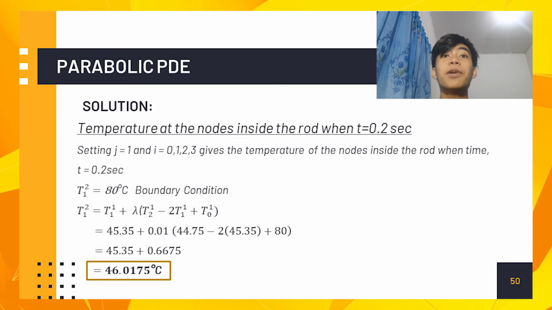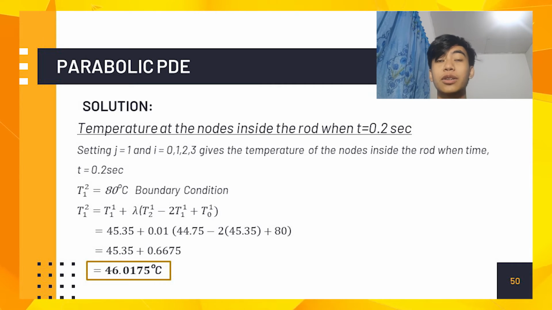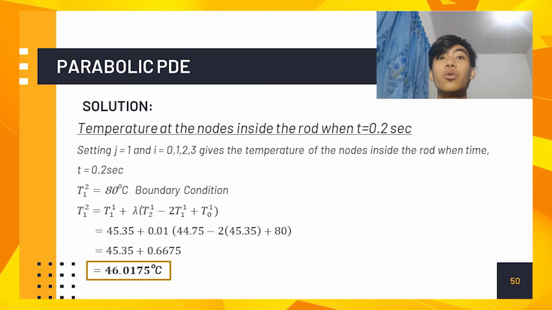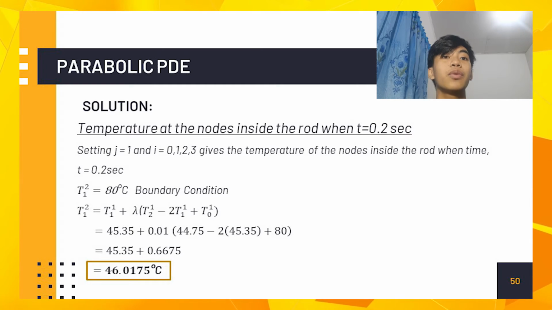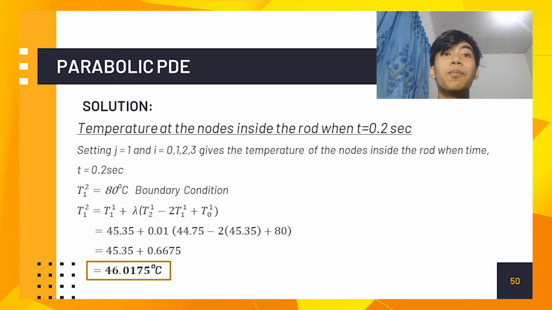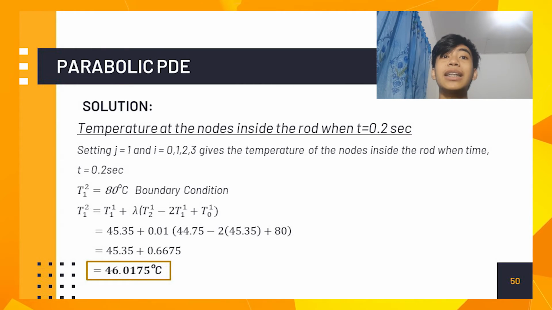So, temperature at nodes inside the rod when t is equal to 0.2 second, setting j is equal to 1 and i is equal to 0, 1, 2, 3 gives the temperature of the nodes inside the rod when time t is equal to 0.2 second. T raised to 2 sub 0 is equal to 80 degrees Celsius, boundary condition.